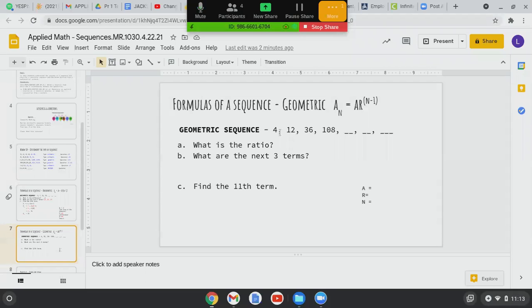You started with 4. You did something and you got 12. You did that same thing to 12 and got 36. You did that same thing to 36 and you are now sitting at 108. How is the sequence moving? What's the ratio?